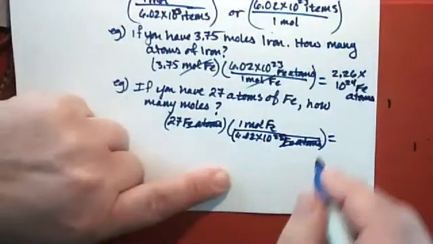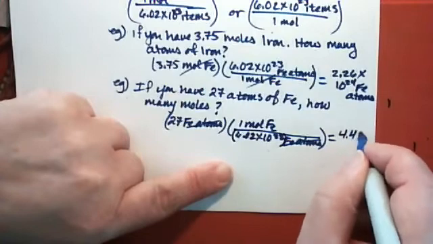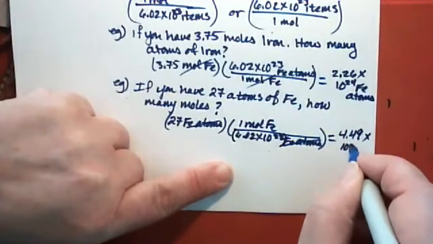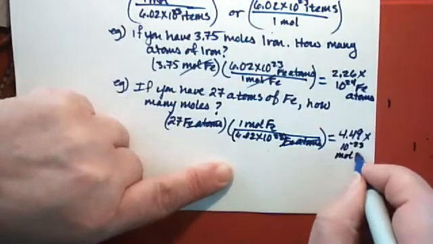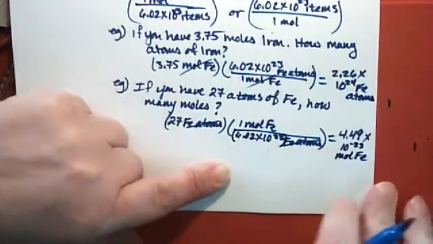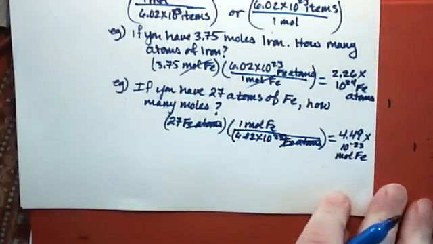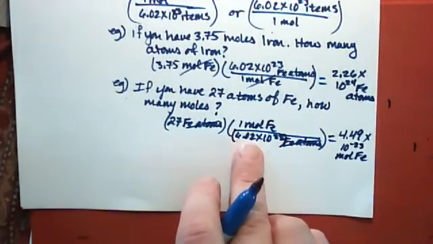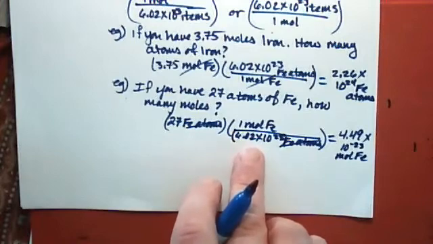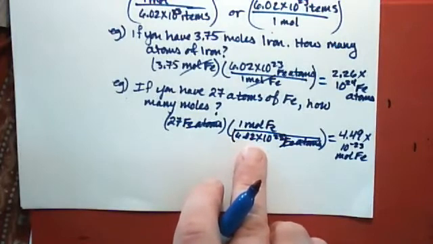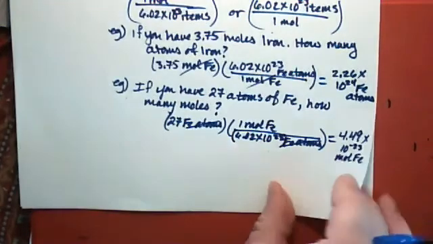If you do it that way, you will get 4.49 times 10 to the minus 23rd mole of iron. If you don't put parentheses around the number in scientific notation that you're dividing by, the calculator will misunderstand what you're trying to do, and you'll end up with a power of 10 that's way, way off from what it should be. Okay, so do keep that in mind.